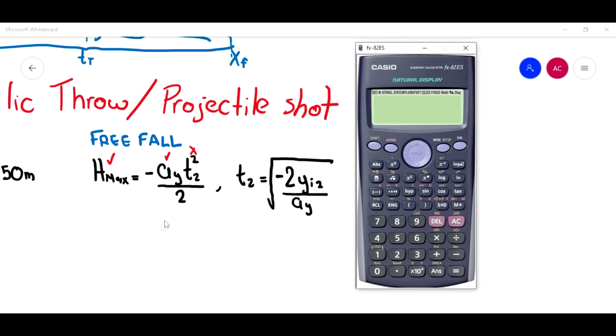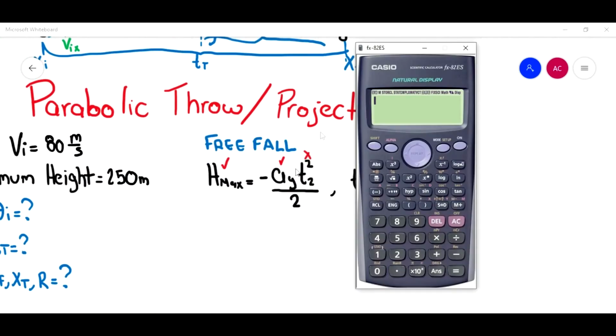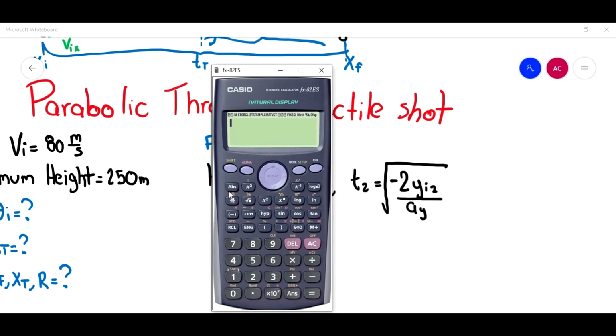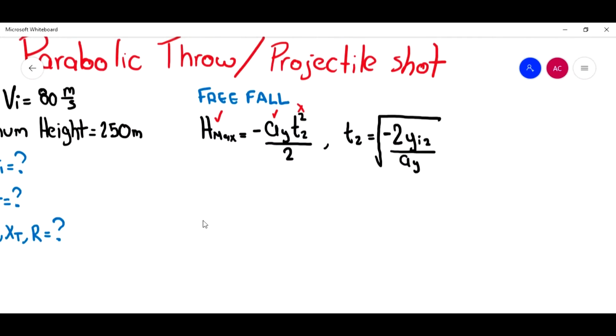Okay, so let's do it in the calculator. Time 2, okay, equals the square root of the fraction minus 2 times 250 meters over the value of the acceleration in y, that is the gravity, that is minus 9.8 meters per second squared, and that is time 2, okay. I'm going to save this value in the memory of the calculator, okay.